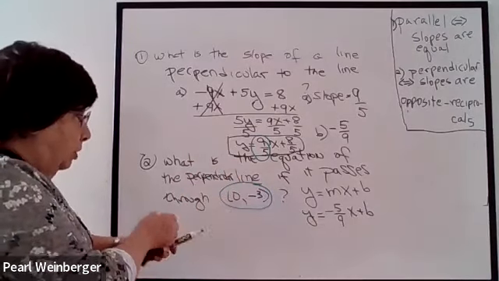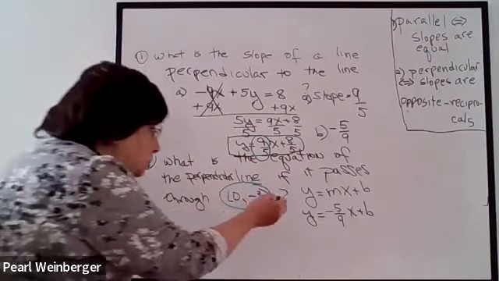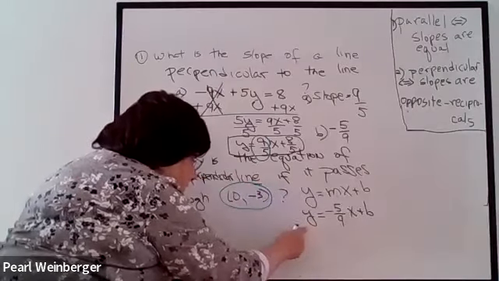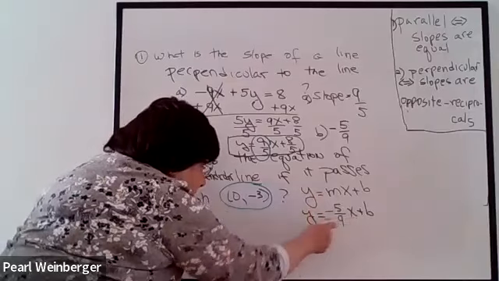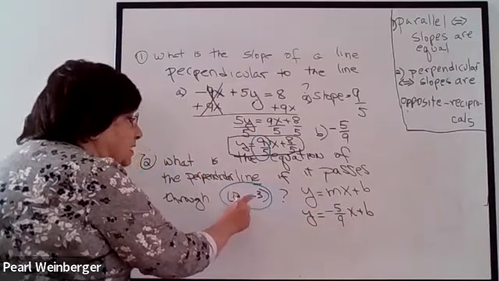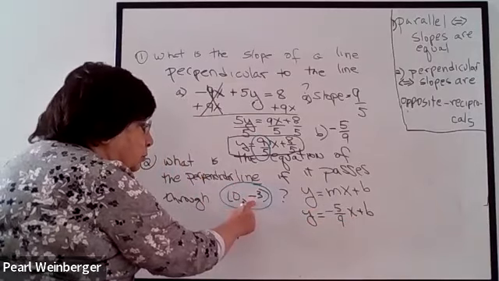So I can put in this equation, in place of the x, now be careful here, because in the equation the x comes second, the y comes first. But in the point, the first number is always the x, and the second number is always the y.